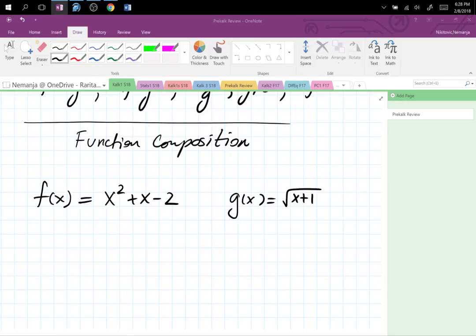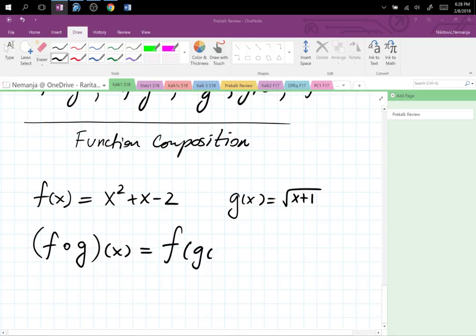Now what I'm going to do is plug function g into f. The mathematical notation for that is f composed with g of x, or f of g of x. So this is the function composition.